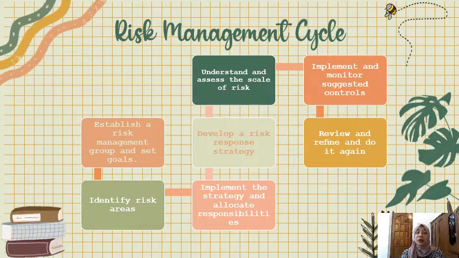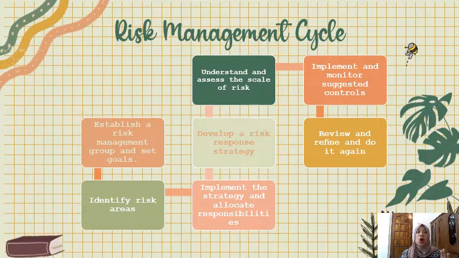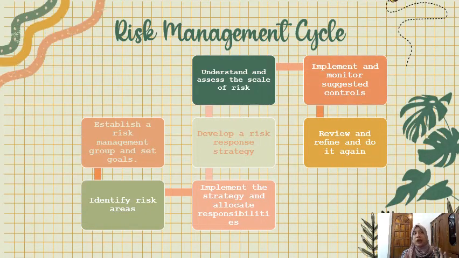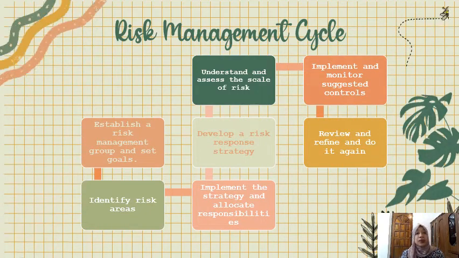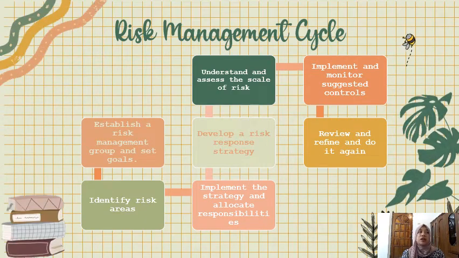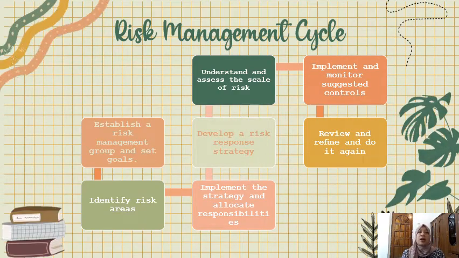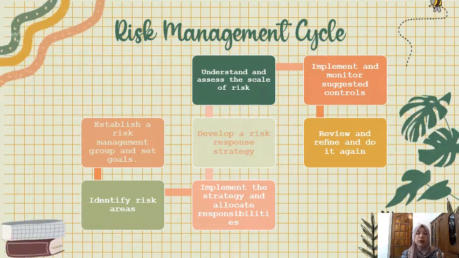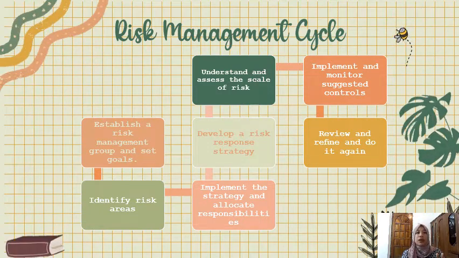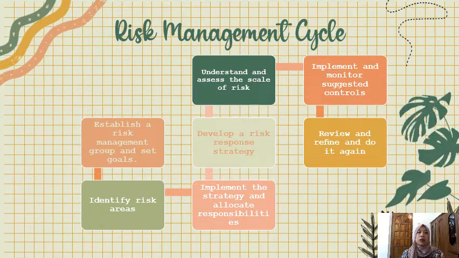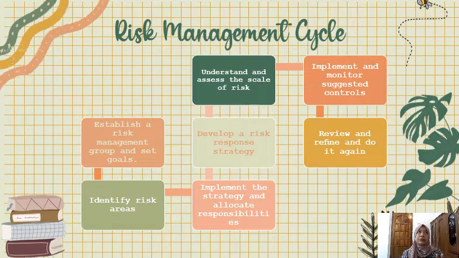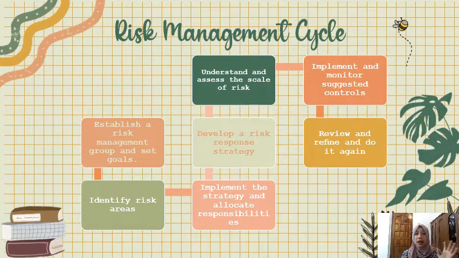Strategies for responding to risk generally fall into one of the following: first is risk retention, risk avoidance, risk reduction, and the likes.